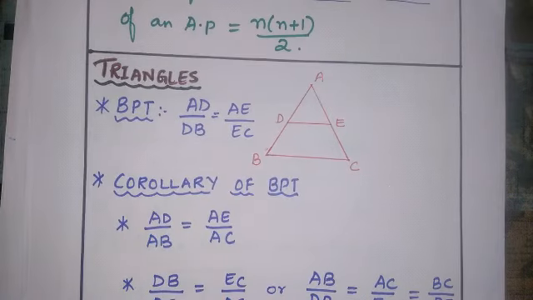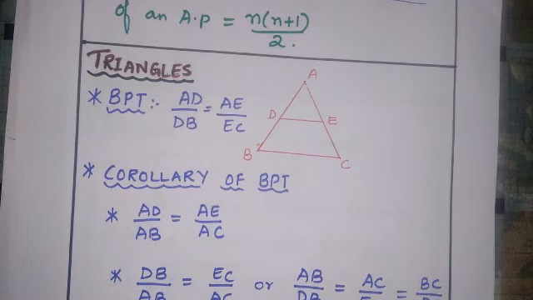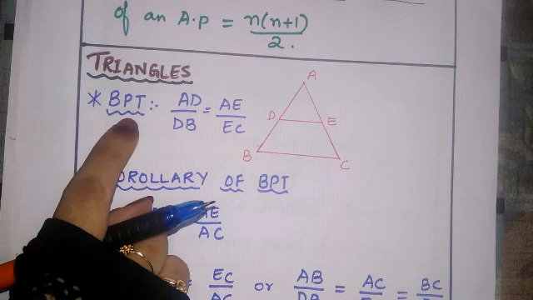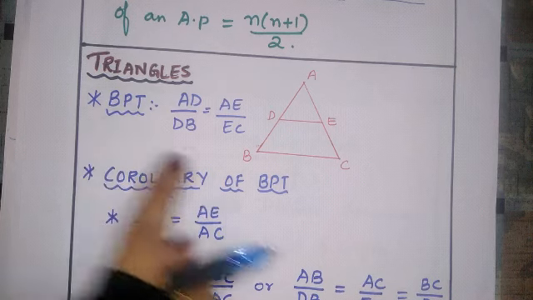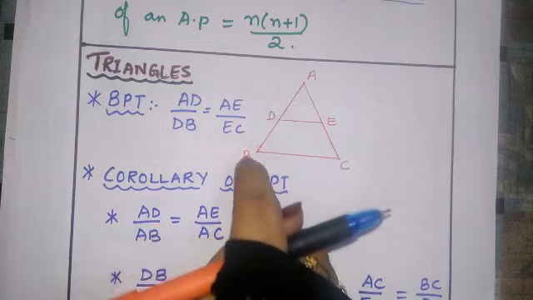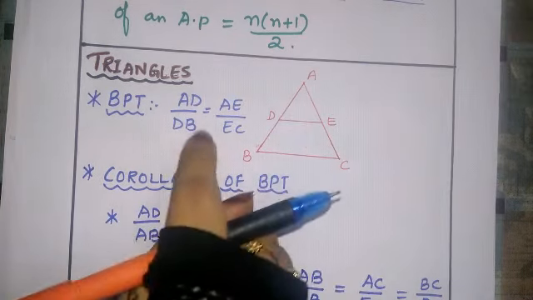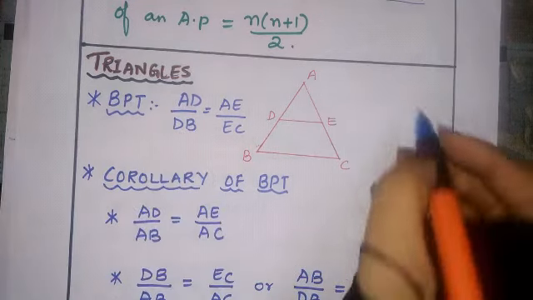The triangles chapter is completely based on theorems. In BPT, that is the basic proportionality theorem, also called Thales theorem, we know that AD/DB = AE/EC. Based on this BPT, we get formula problems.